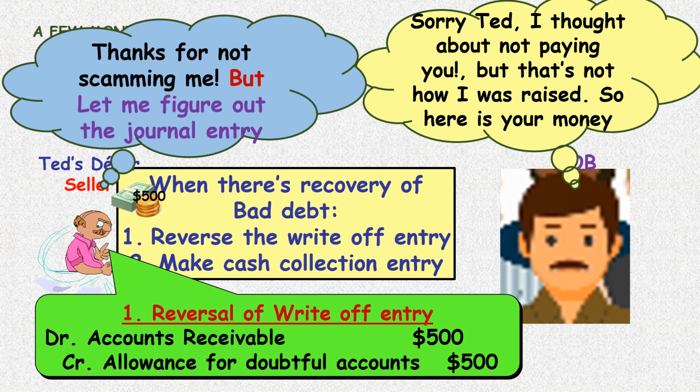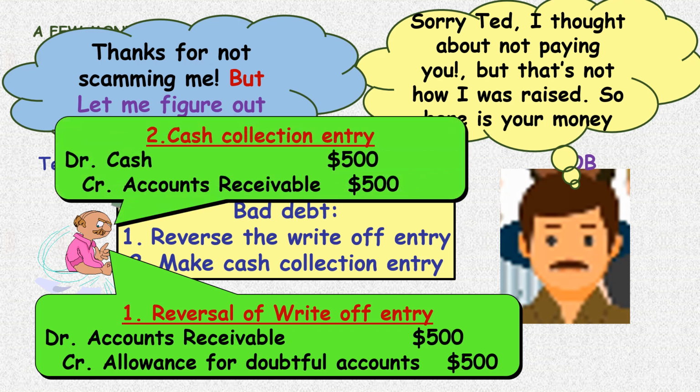And once this receivable is back on our list, we are now going to make the entry for collection of the cash. So debit cash $500 and credit will go to the receivables. So this is how you deal with a write-off and how a customer whose balance was written off comes back to pay us and how we deal with it.